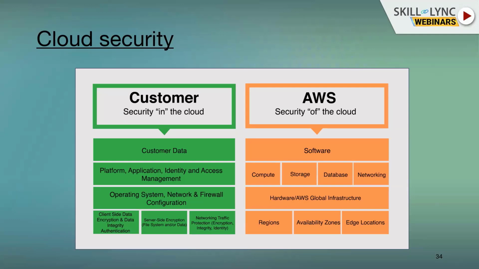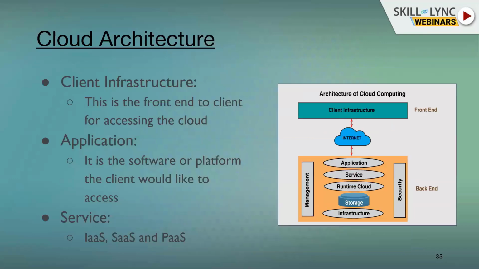This is called the shared responsibility model that all the cloud vendors have, like AWS, GCP, Azure, all that. So what security they will be providing, and what security the customer has to take control of, is one of the predominant models used in a typical cloud architecture.